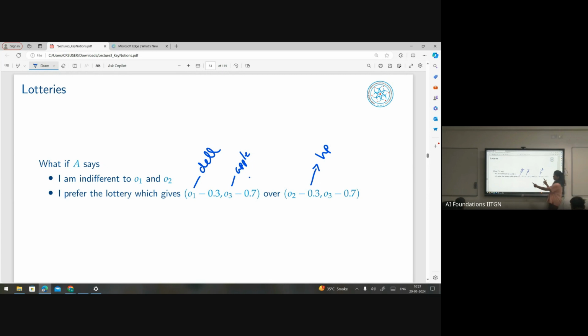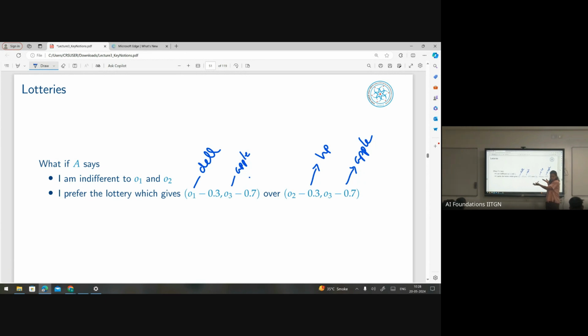So although I don't have any preference between Dell and HP, there is a lottery which gives me Dell with 30% probability, Apple with 70% probability. And there is another lottery which gives me HP with 30% probability and Apple with 70% probability. So these two lotteries are essentially the same. I'm just replacing the Dell over here with HP. Given that I'm indifferent to Dell and HP, what should my preference be between these two lotteries?